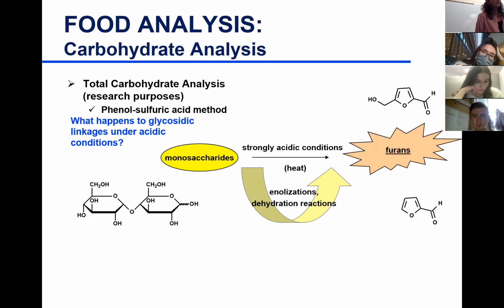So it's not used as part of proximate analysis. It's not used to determine total carbohydrate for your nutrition label. So usually we have a lab on that where we get beverages. I think it was 7-Up and beer. Is that right, Rachel? Yeah.